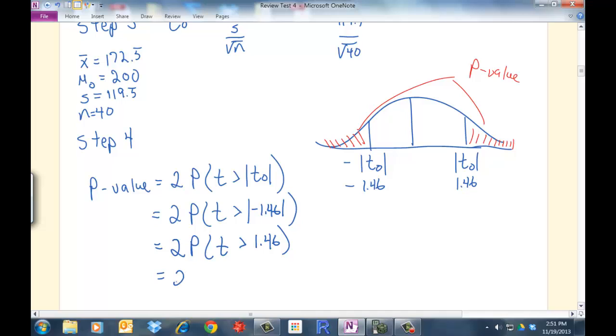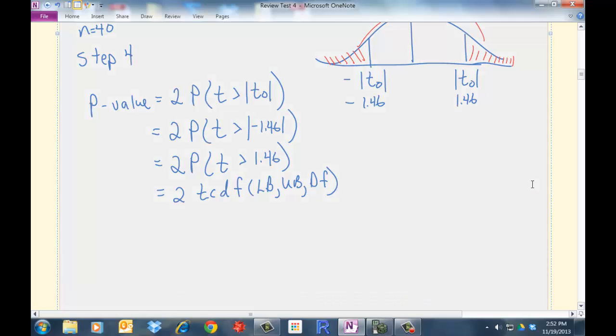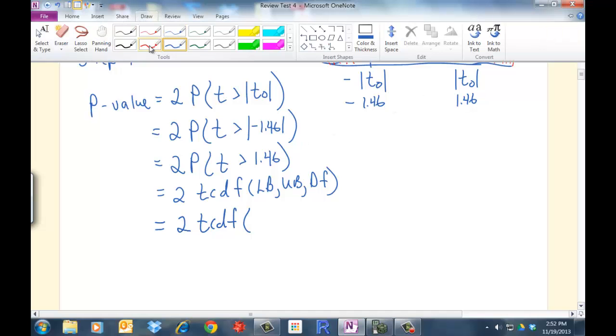Now we're going to use the tcdf function to get the p-value, tcdf, and this comes with a lower bound and upper bound and degrees of freedom. So this will be 2 times tcdf. So the p-value is from 1.46 on out to positive infinity.